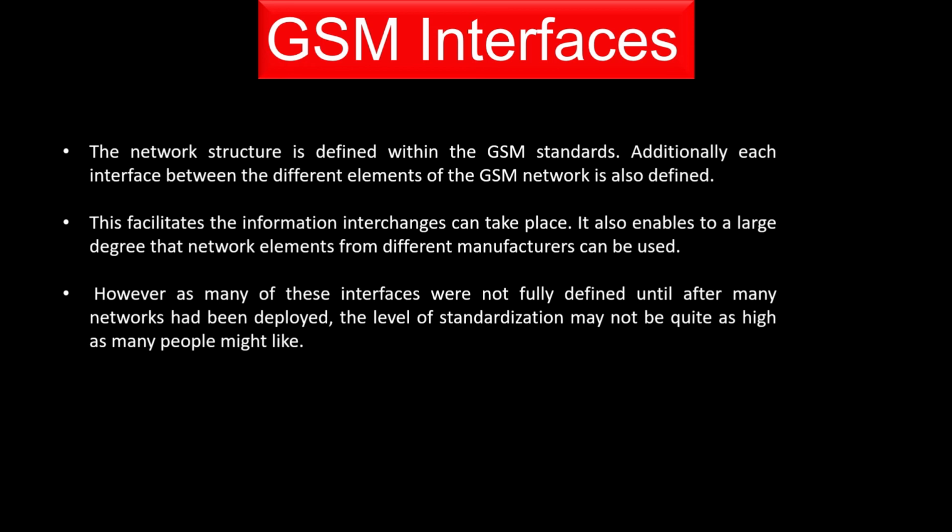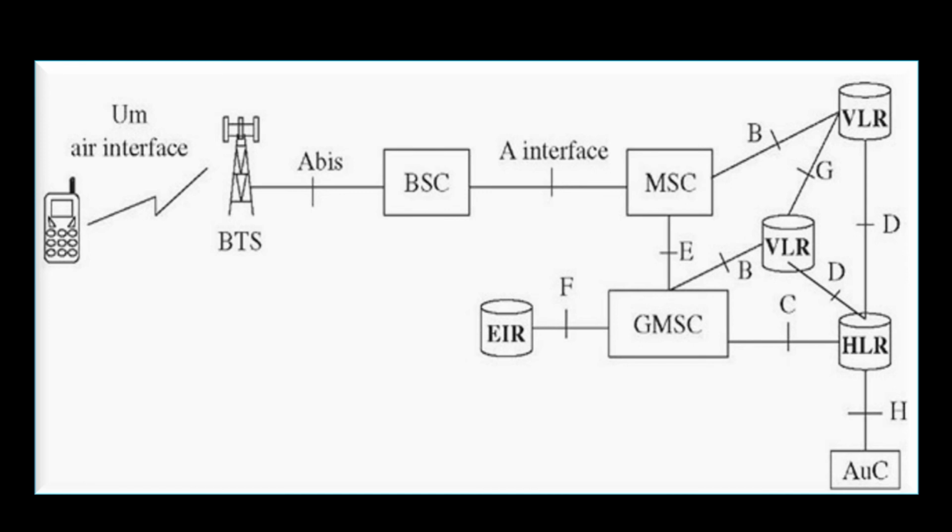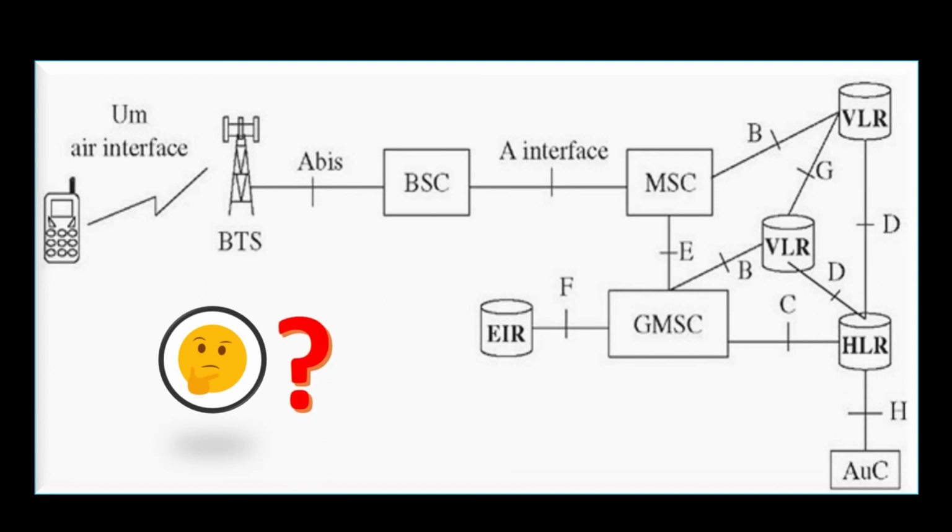However, as many of these interfaces were not fully defined until after many networks had been deployed, the level of standardization may not be quite as high as many people might like. This is the full overview of GSM interfaces. There are many interfaces in one structure. Oh, don't be worried. Let us describe them one by one for you.